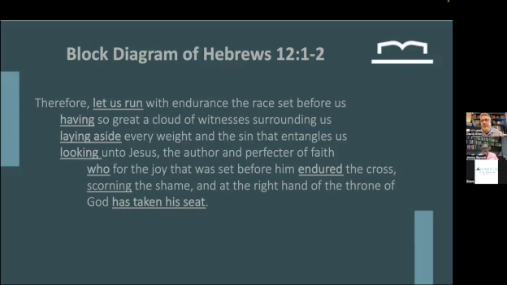Anything and everything in your text that would be modifying having so great a cloud of witnesses, that would be indented further to the right underneath it to show that it goes with that. That's correct. Anything, and you could have one clause or 10. It just depends on what the author is saying. But that is correct. That would be indented under this. Another right over here would be indented, and it would come there. And then the laying aside would come back and be parallel with having.